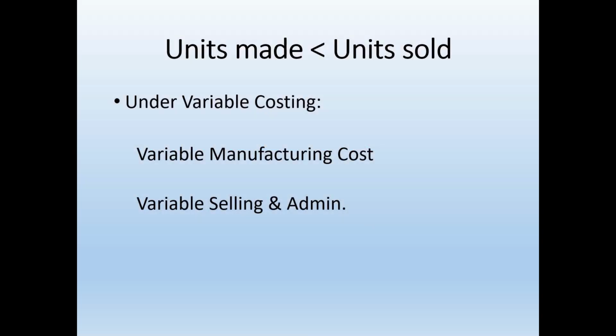Take a look at December's operations under variable costing. Variable manufacturing costs are still $23 per unit. Variable selling and administrative is still $1.25 per unit.